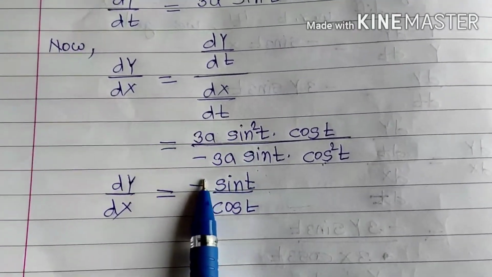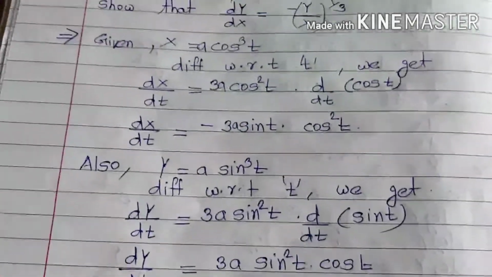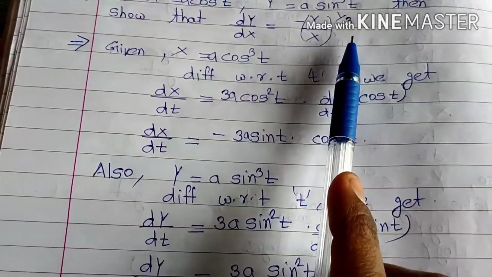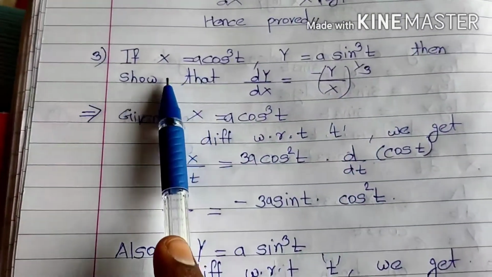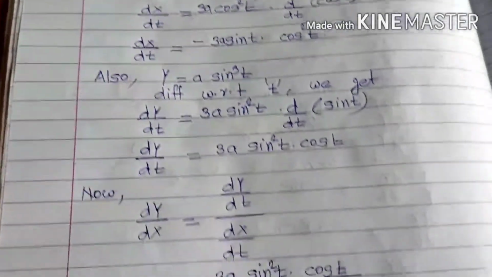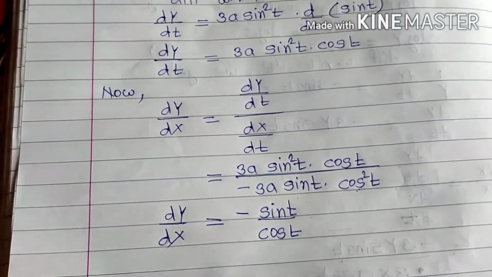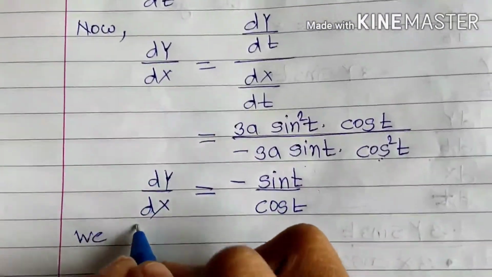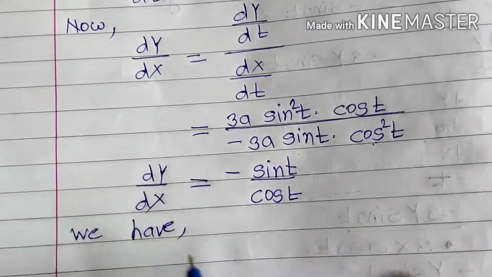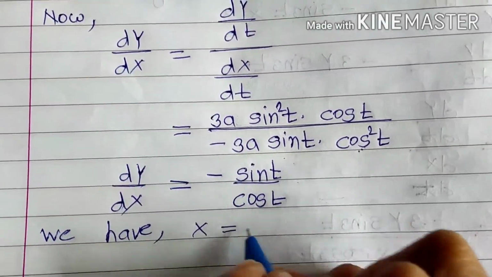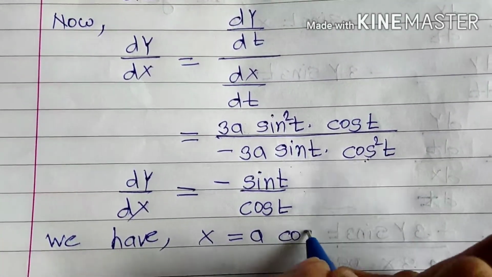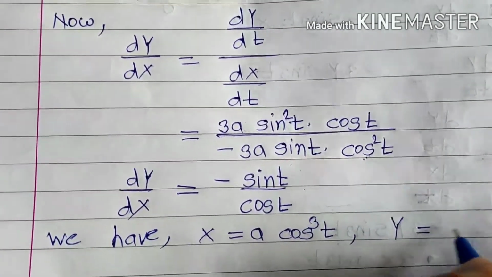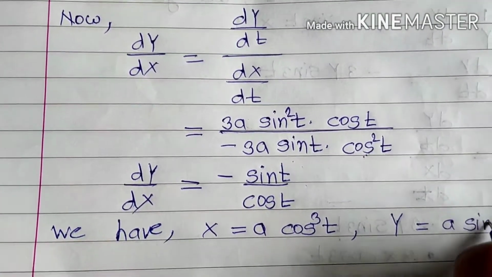But this is not our answer. We have to prove dy by dx is equal to minus y upon x raised to 1 by 3. So use this given equation. We have x is equal to a cos cube t and y is equal to a sin cube t.